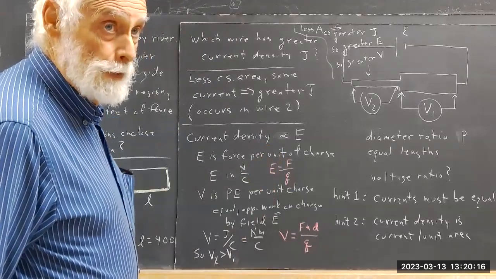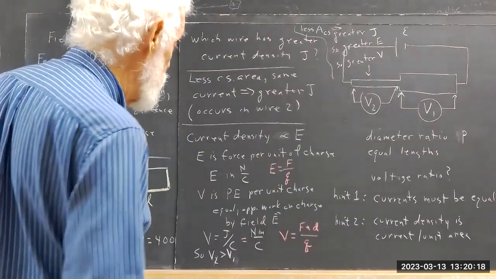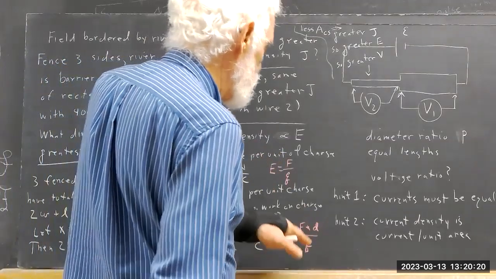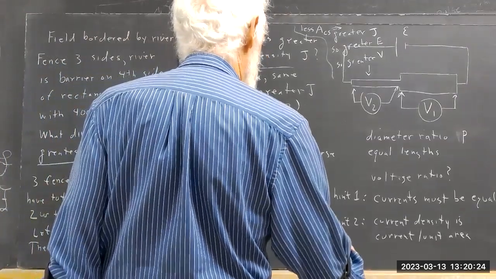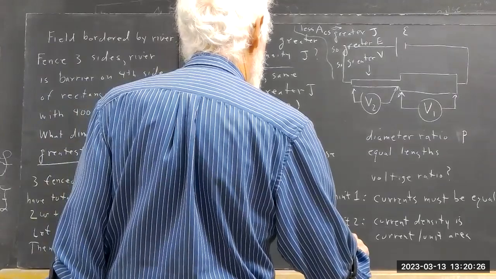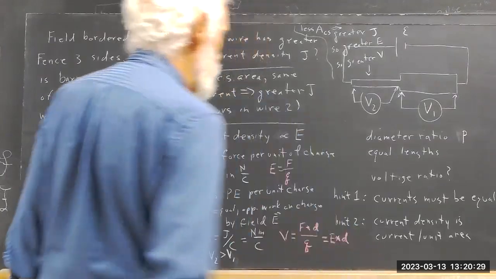Electric field is force over charge, right? Voltage is force times distance over charge, which of course is E times d.